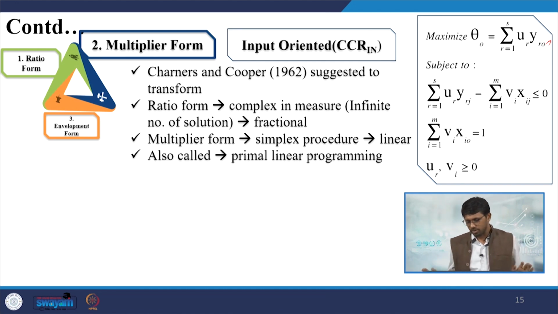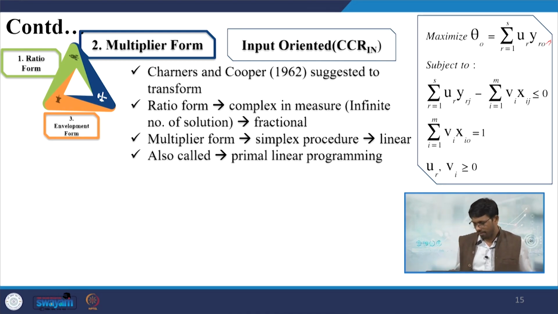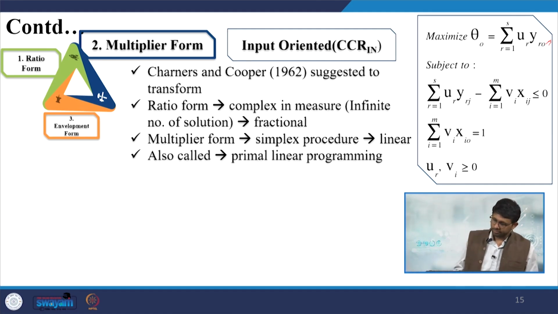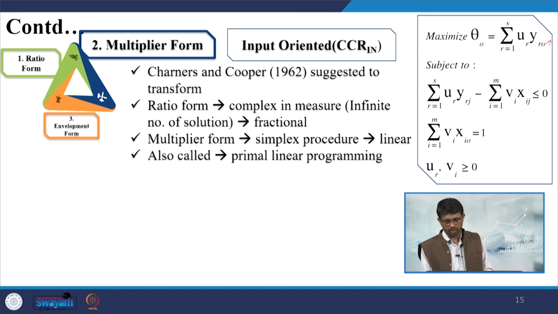The sum of the weighted jth units of output minus the weighted jth units of inputs must be less than or equal to 0. It should not be positive, the gap should not be positive. Another condition is that the respective weights of the ith inputs must sum to 1. Input and its respective weight value summation should be 1.